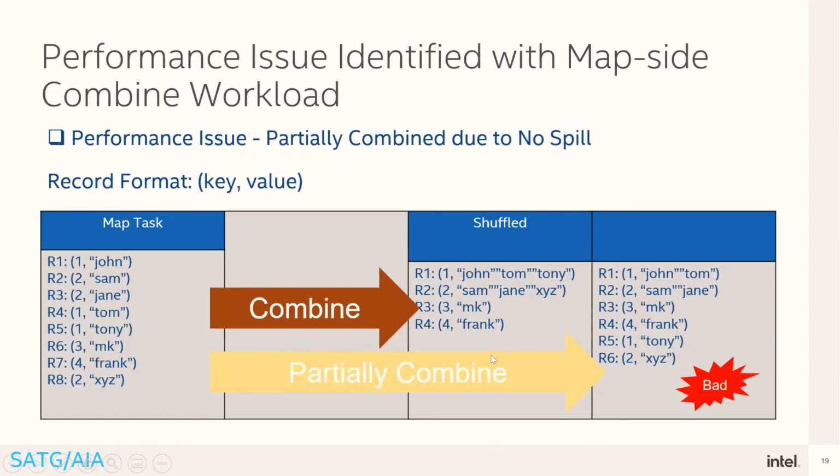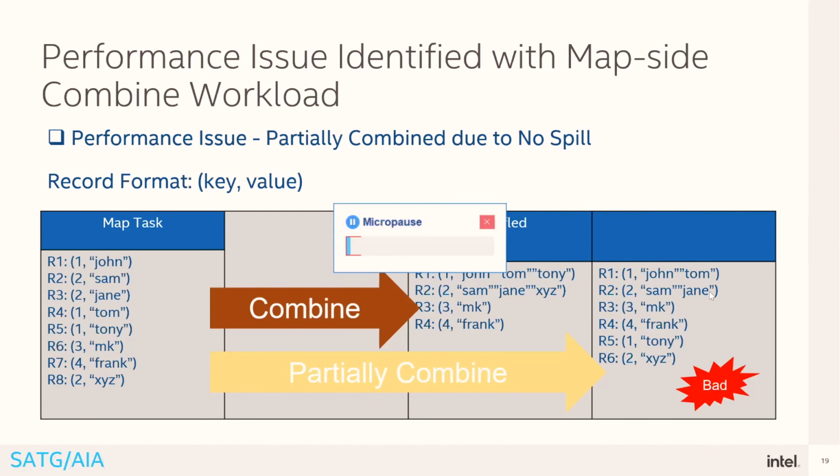It's partially combined because there is no spill. For example, when we combine the 2 records, John and Tom, and there is not much memory left, we need to shuffle write it to DAOS.